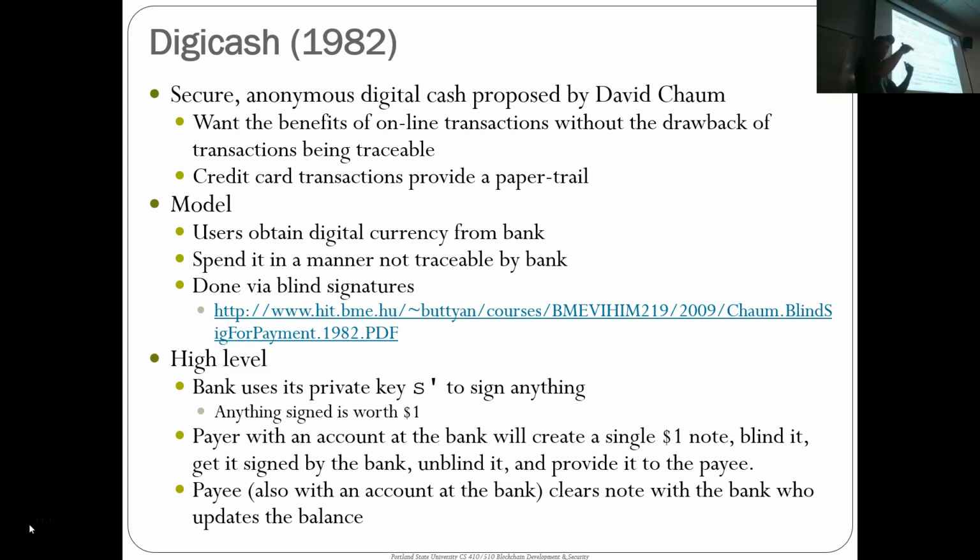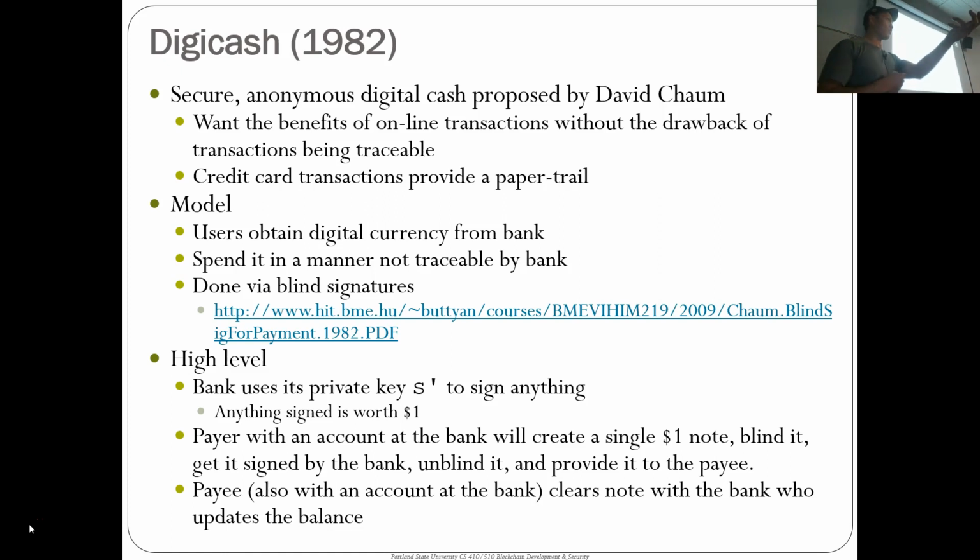I'll step through this a little bit later. Then I'm going to provide that to the payee. So I'm going to go to someone else and say, hey, I want to spend my $1 that I've gotten from the bank. Here's my $1. The payee, who also has an account with the bank, is going to say, hey, bank, this person's trying to pay me with this $1.